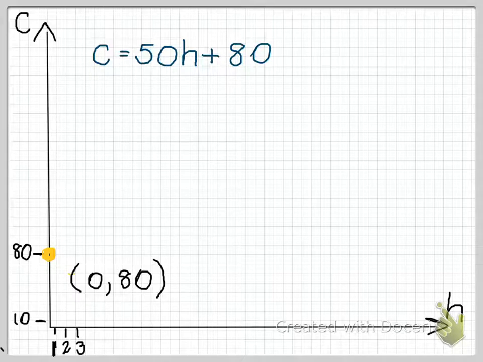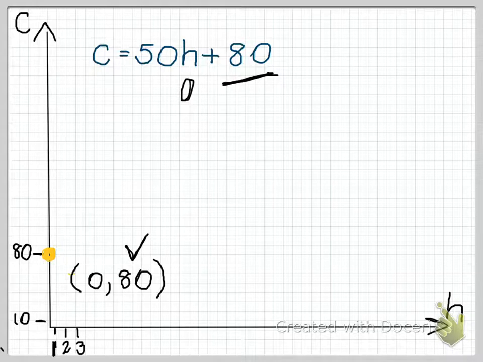We note that we already have one point for this line right here, 80. That's the y-coordinate of our y-intercept. If we made h here 0, c would be 80. So when h is 0, here's h is 0 on the x-axis, c is 80.